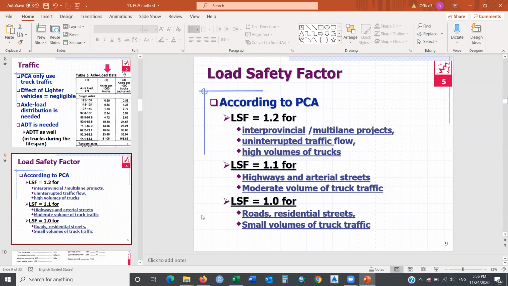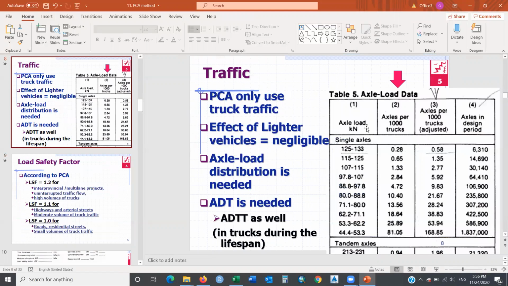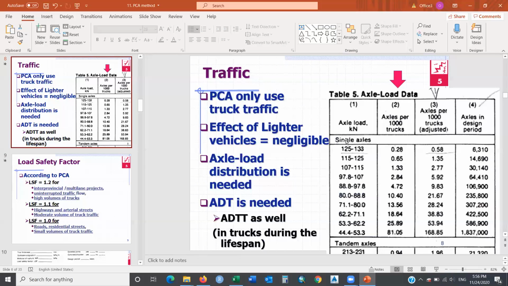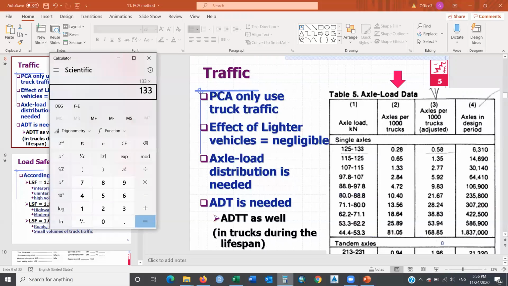We have a load safety factor that will increase the weight that you observe. So in this first group, for instance, your maximum weight is 133 kilonewtons. But if you are on a multi-lane highway with a high volume of trucks, then you will apply a load safety factor of 1.2. That means the 133 I have here is going to be multiplied by 1.2 and it's going to go to 160.